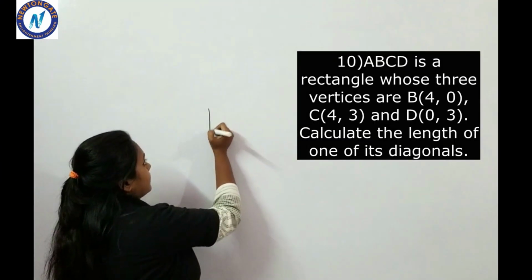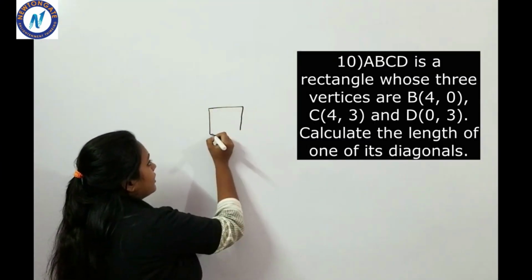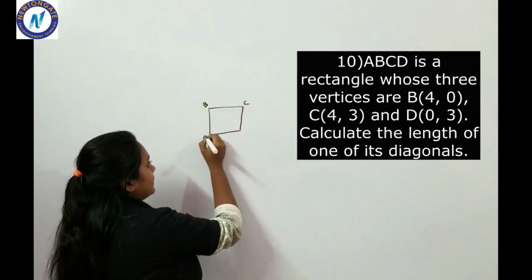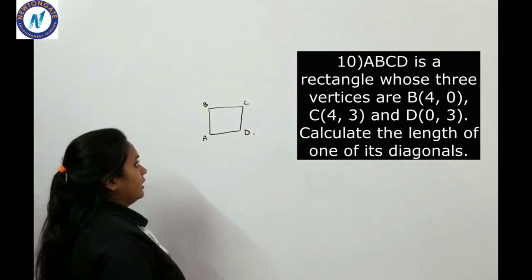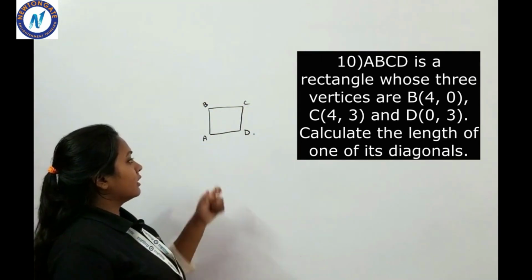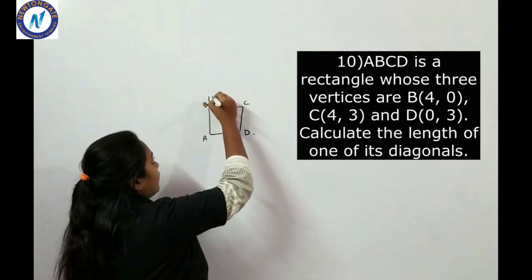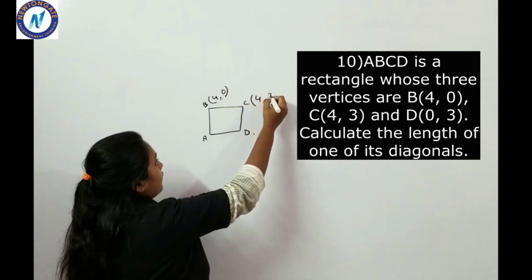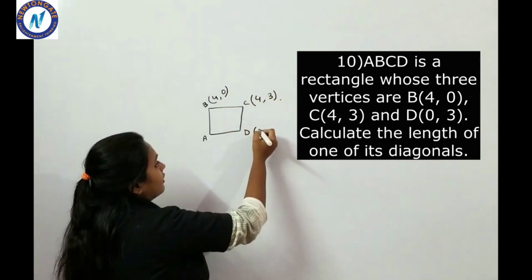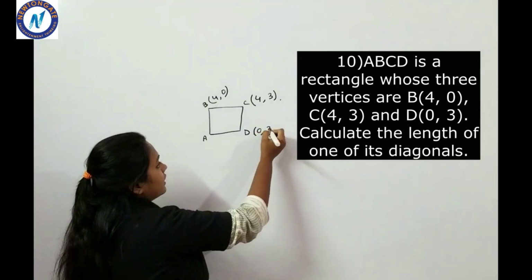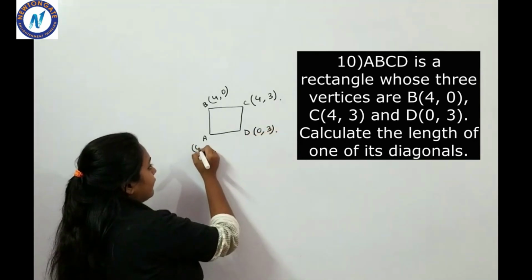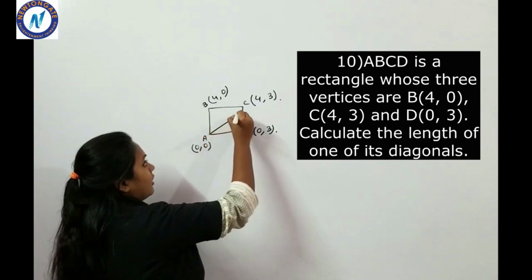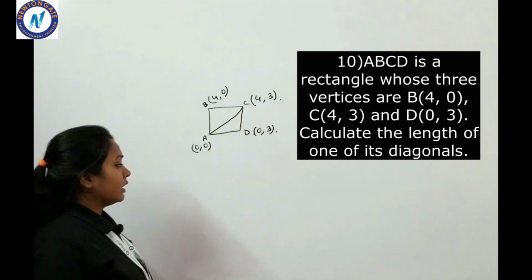Here is a square with the 4 vertices A, B, C, D, and the coordinate of B is (4, 0), coordinate of C is (4, 3), and coordinate of D is (0, 3). Then the coordinate of A is (0, 0). Now find the diagonal length of the square.